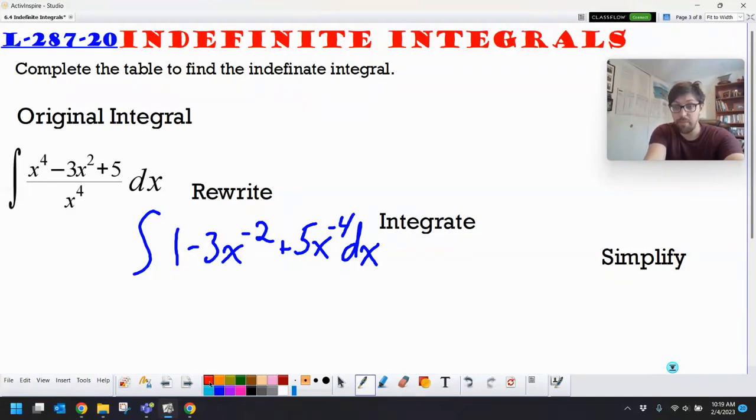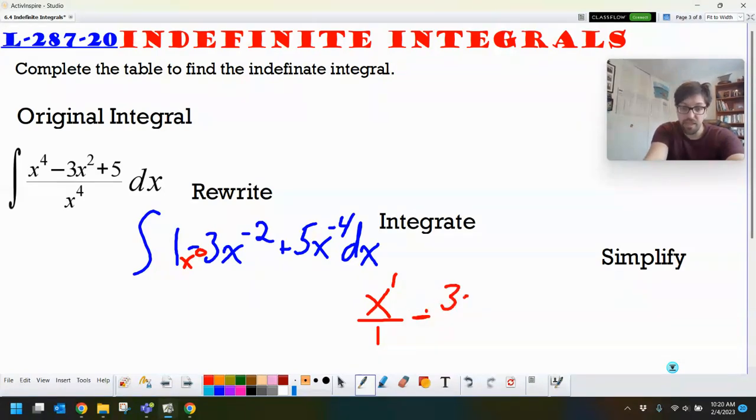So when I integrate, I have an x to the 0 on this first term. I add 1 to that exponent, making it just a regular x, and then divide by my new exponent, which is 1, which doesn't really do anything, but I'm going to write it anyway, just so you can see that I did it.